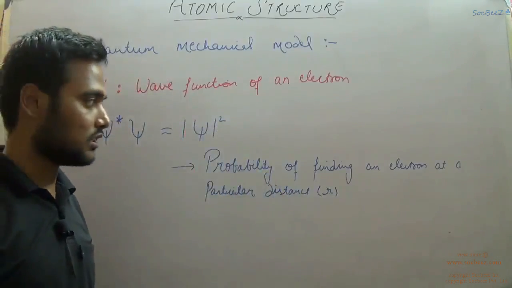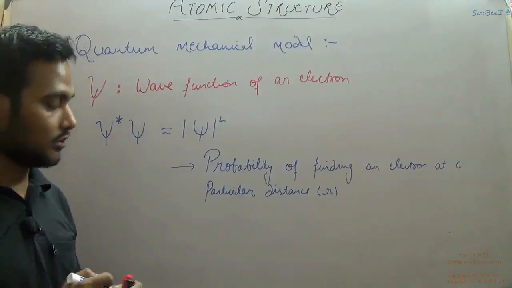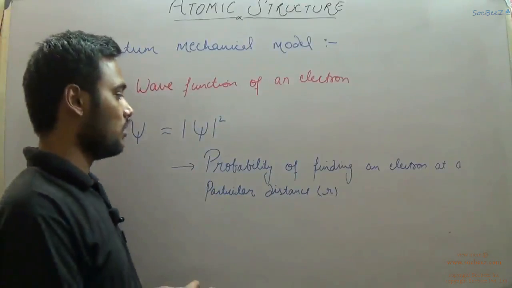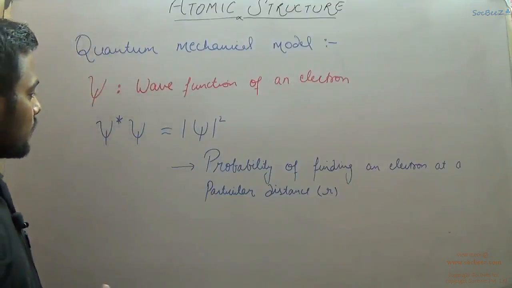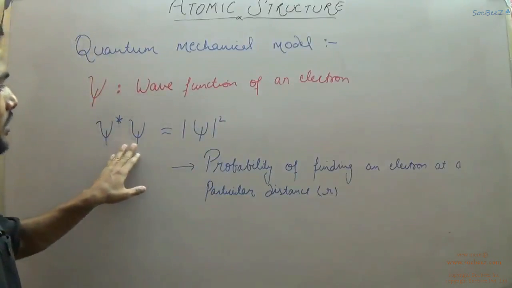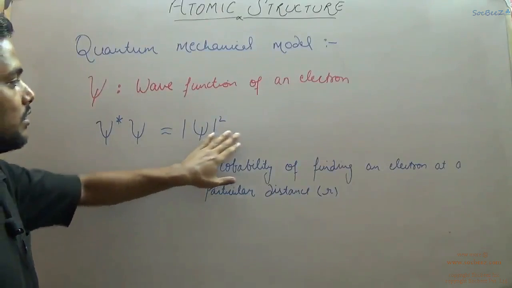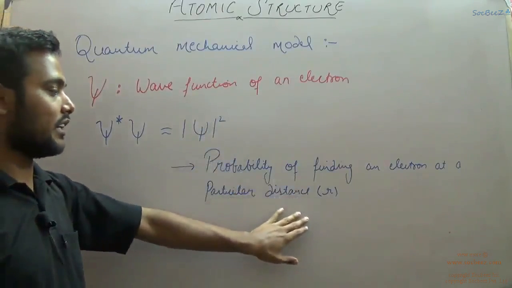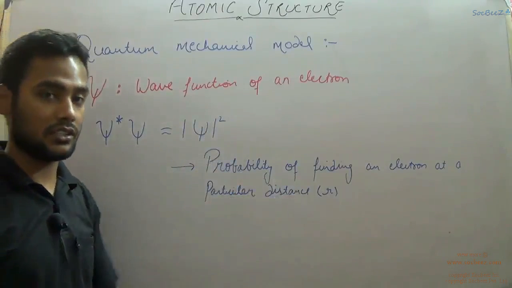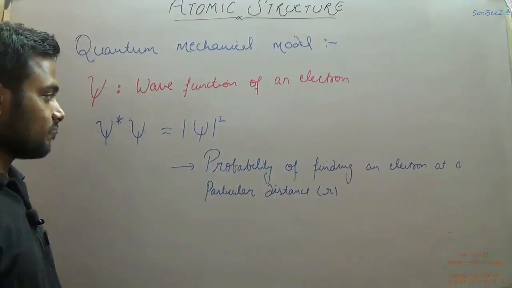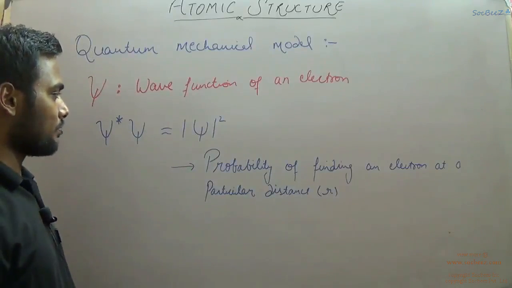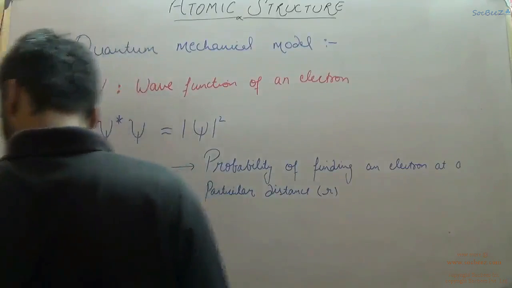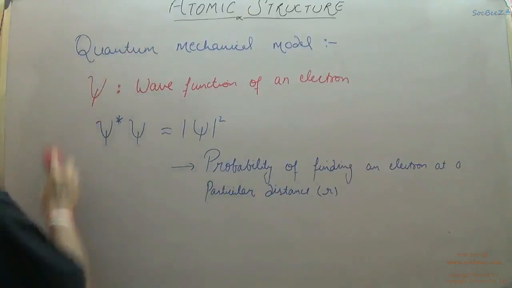I think the question was asked in 13, or it may have been in 14 itself. Okay, so we are going to discuss that question later on in one of the videos. So this psi conjugate psi gives us this particular expression, and this is nothing but the probability of finding an electron at a particular distance. Okay, so now I think let's move on further to the discussion of orbitals.